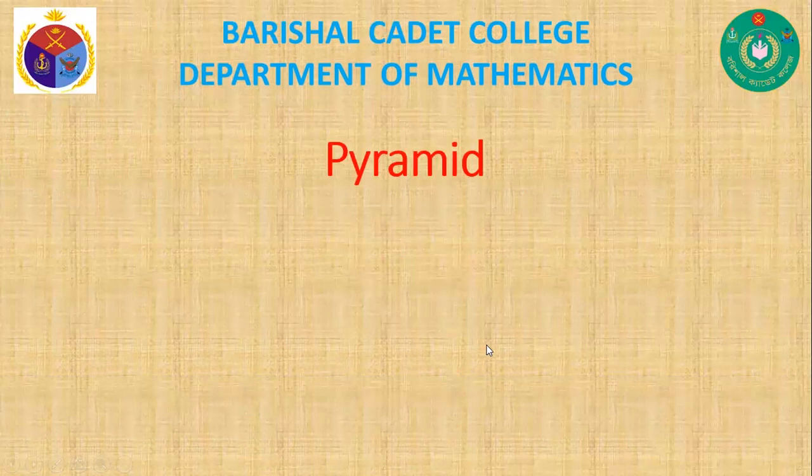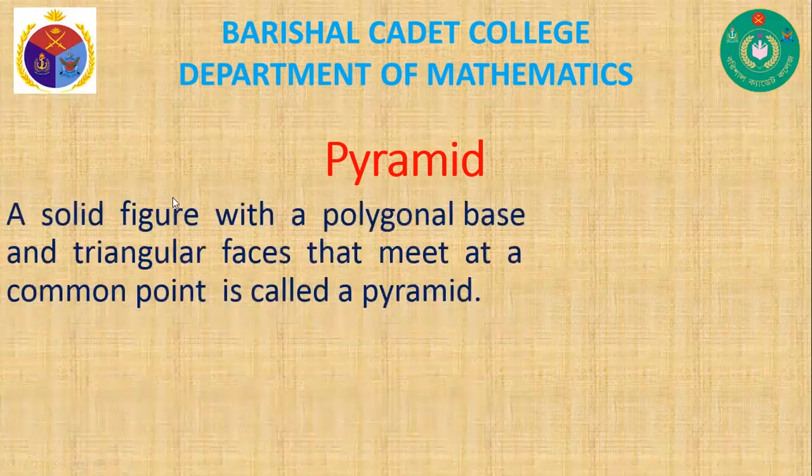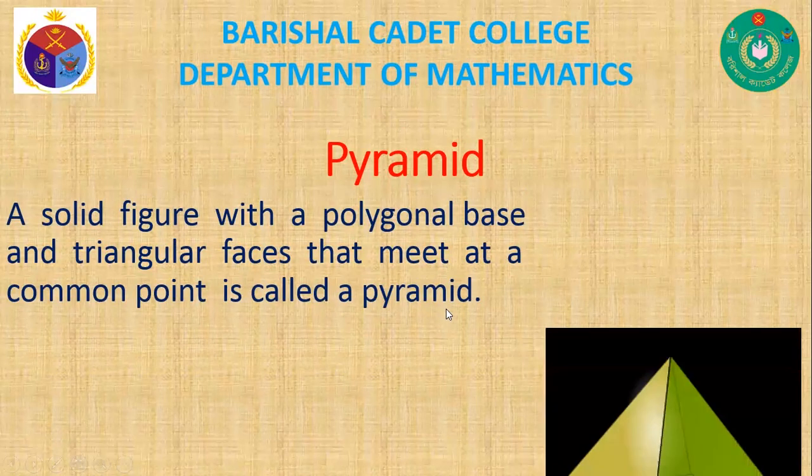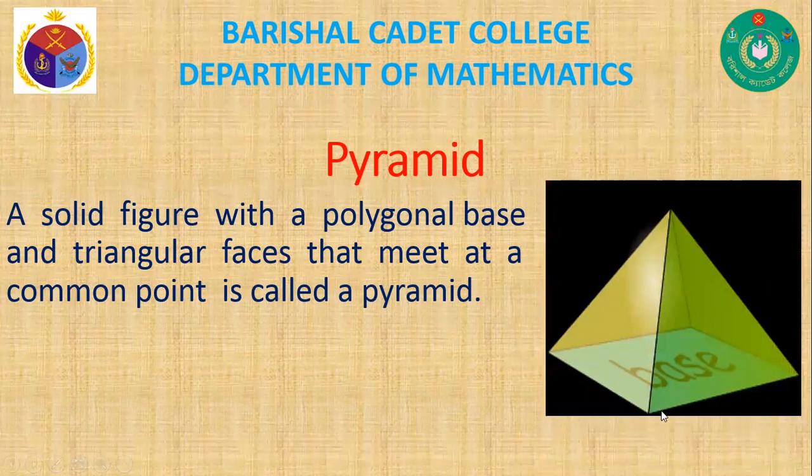Now guys, we will discuss the pyramid. First of all, we will learn what a pyramid is. A solid figure with a polygonal base and triangular faces that meet at a common point is called a pyramid. You see a figure here, this is a pyramid.